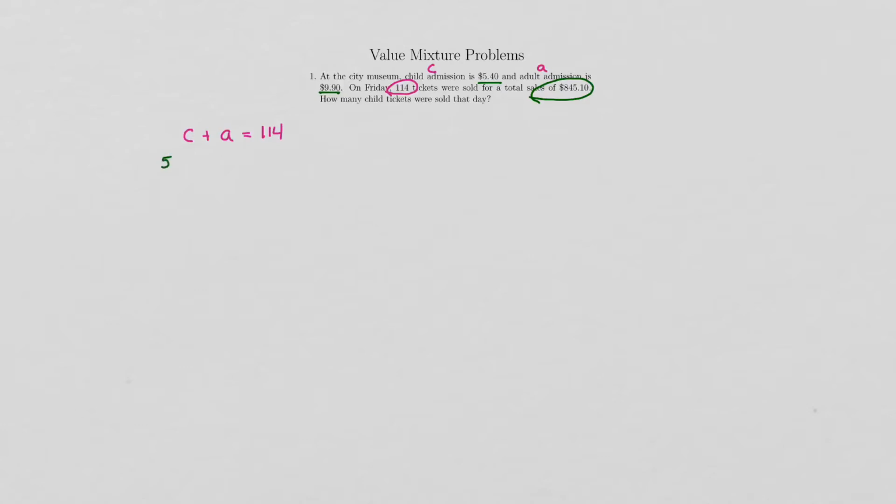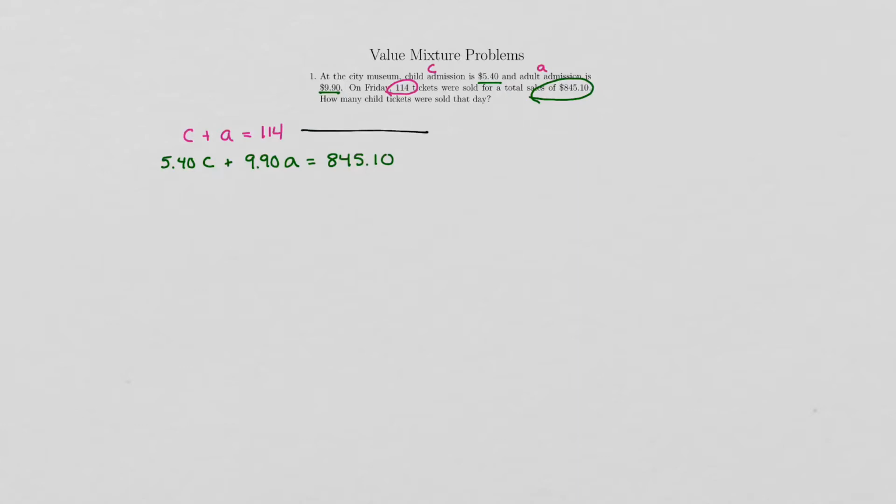So $5.40 times the number of child tickets sold plus $9.90 times the number of adult tickets sold has to end up being $845.10. And now I just have a system of equations.